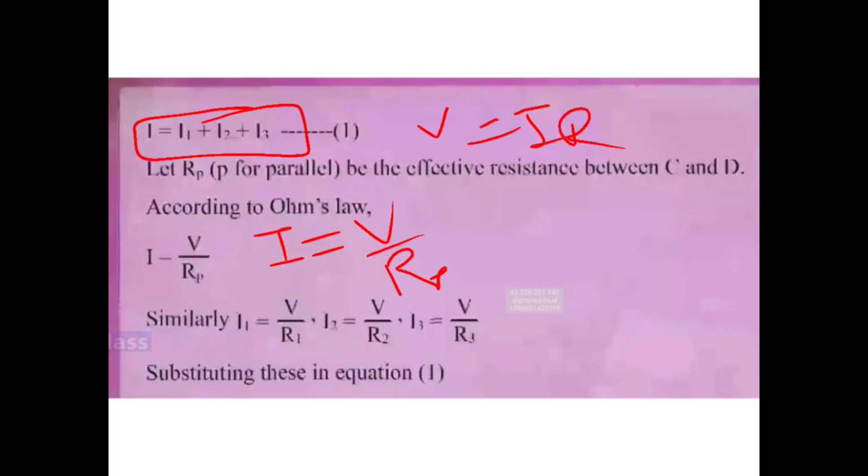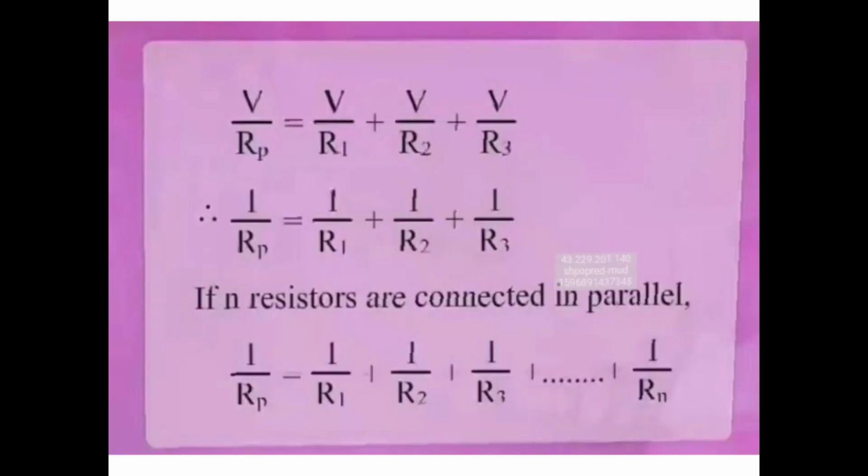Now substituting all this in equation 1, we have V upon Rp equal to V upon R1 plus V upon R2 plus V upon R3. Now take V common from both sides. So I can write V in the bracket, 1 upon R1 plus 1 upon R2 plus 1 upon R3.